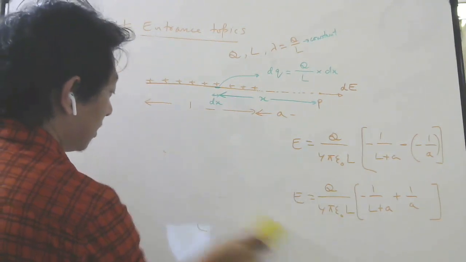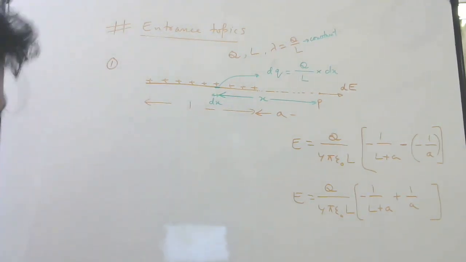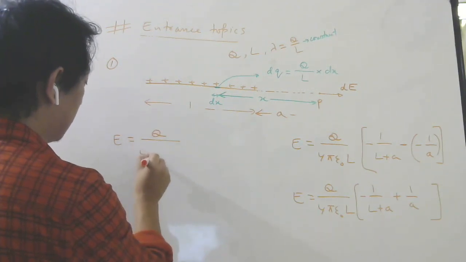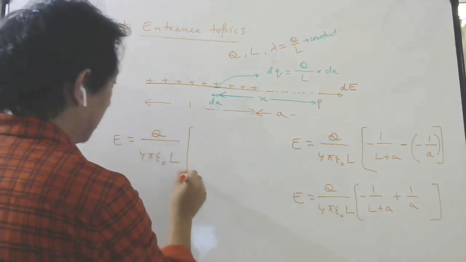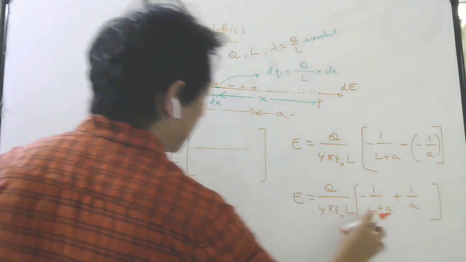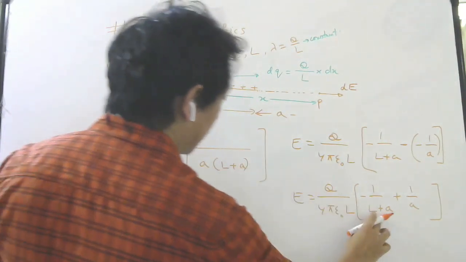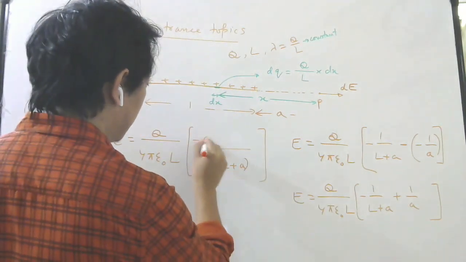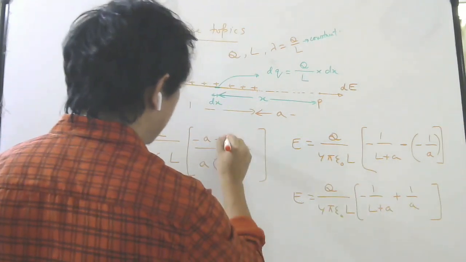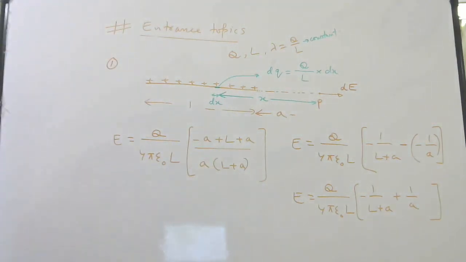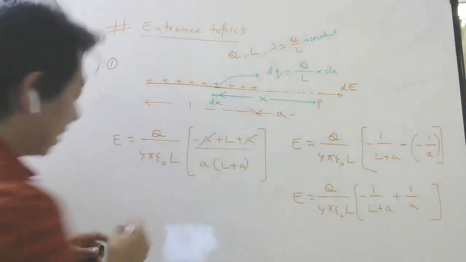In the denominator, you can take the LCM, right? So electric field will be Q divided by 4 pi epsilon naught L, and this LCM will be A into L plus A. Minus A plus A cancel, and L plus A remains.